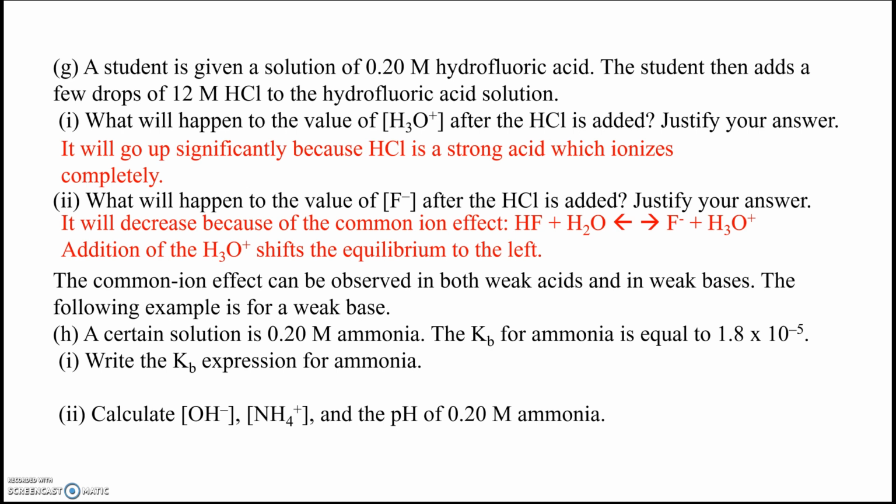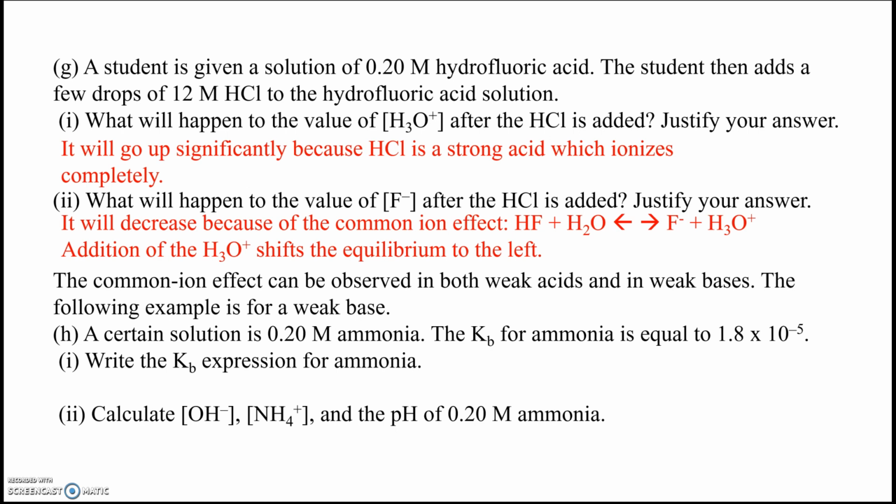So now we're going to do a problem with a weak base. We've got a solution that's 0.2 molar ammonia, and the Kb for this ammonia is 1.8 times 10 to the minus 5. Now you'll note that that's the same numerical value as the Ka for acetic acid. That is a coincidence. These are not related to each other. It just so happens to have the same number.